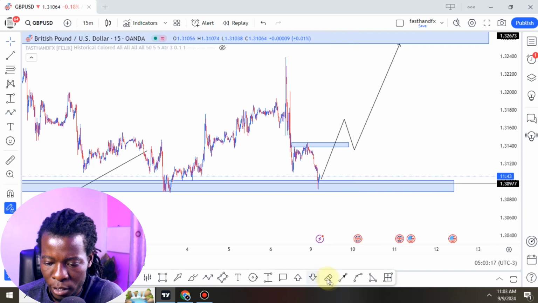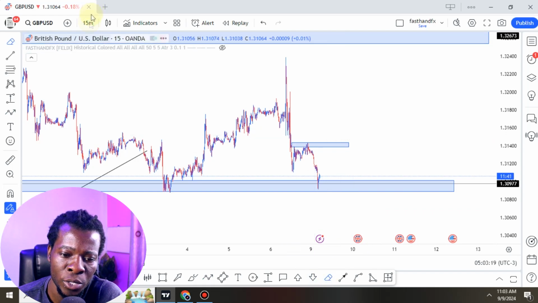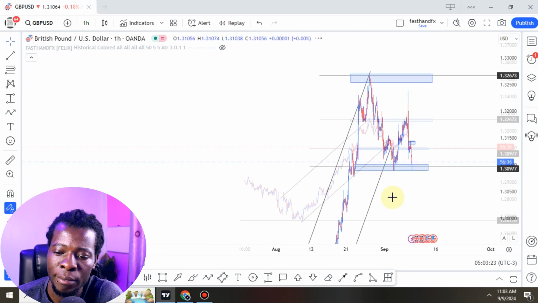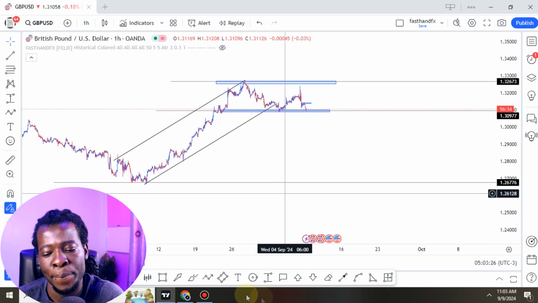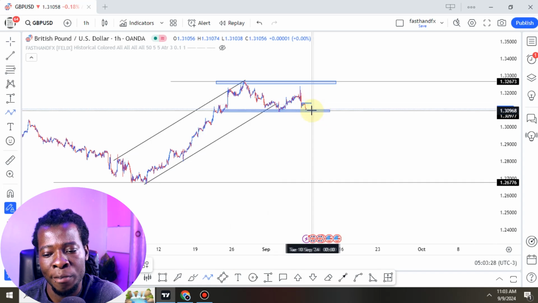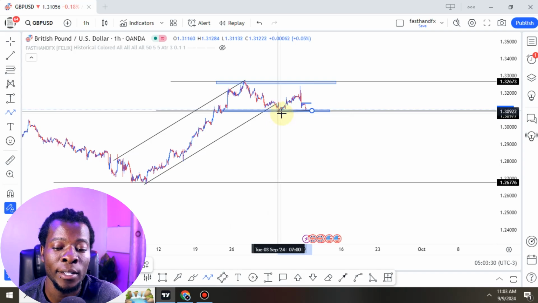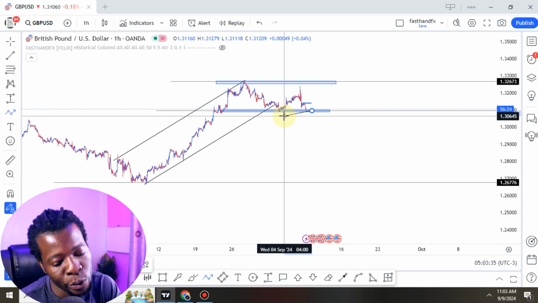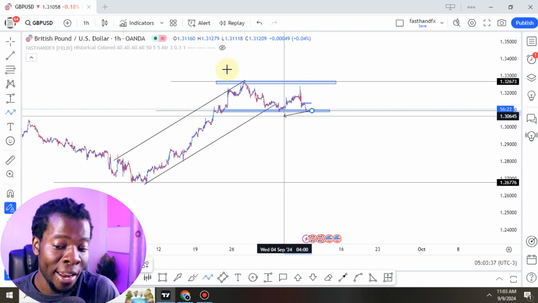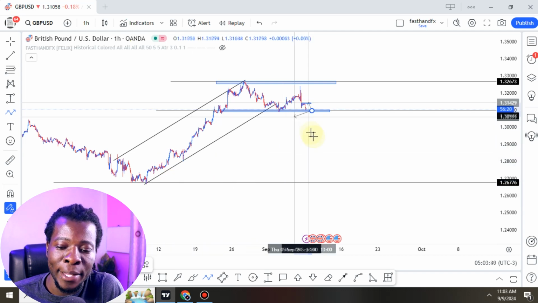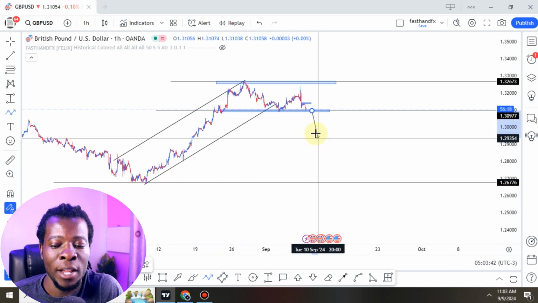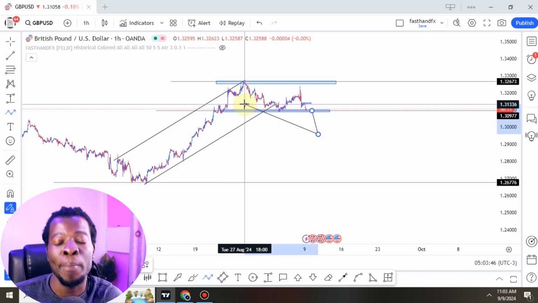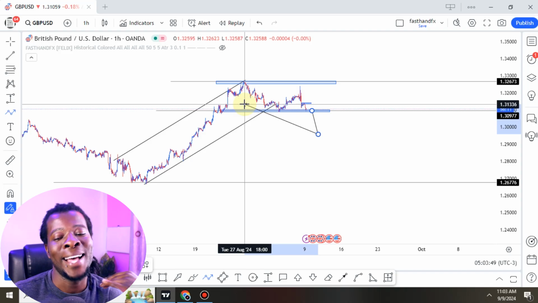But if I want to look for sells, let me just show you something. If I want to look for my sell positions, this is it. I think I'll wait for price to break out of this demand level, and after breaking it, definitely the demand zone is going to turn into a supply zone, right? So this is what I mean. Let the market break, then okay, that's a break. Now when we see price going back to retest this demand zone that turned into a supply zone, that is a support zone turned into a resistance zone.